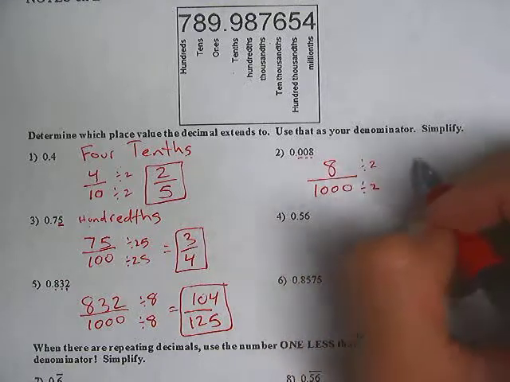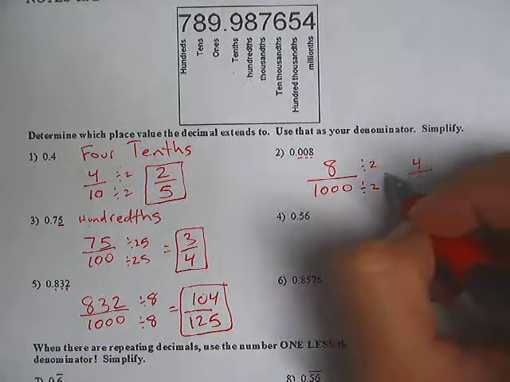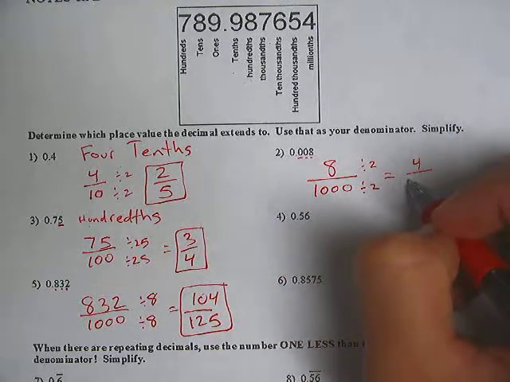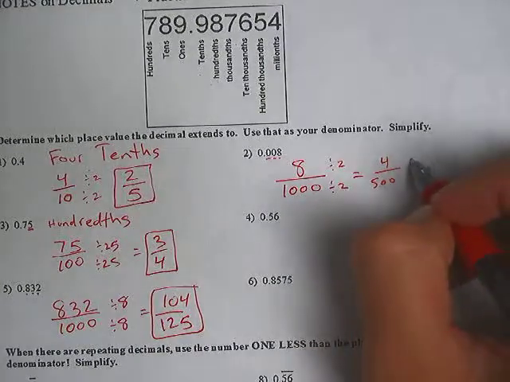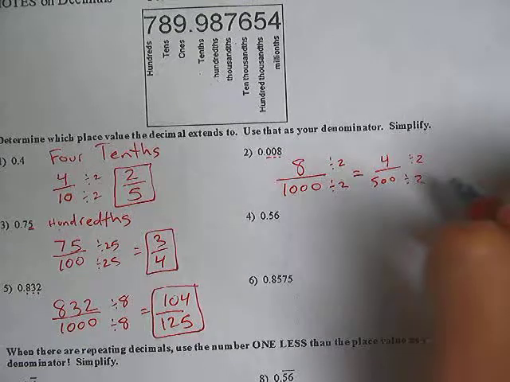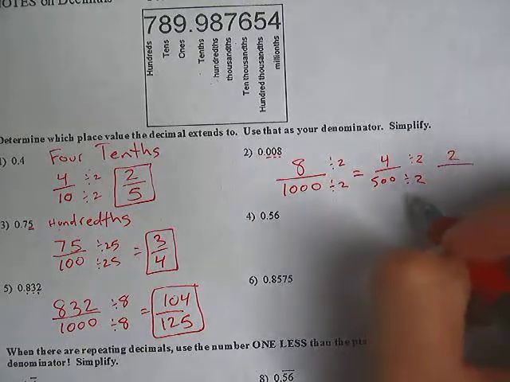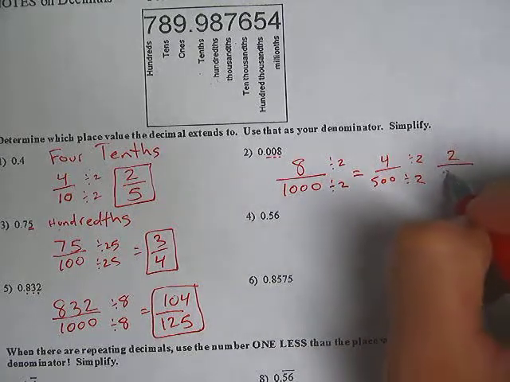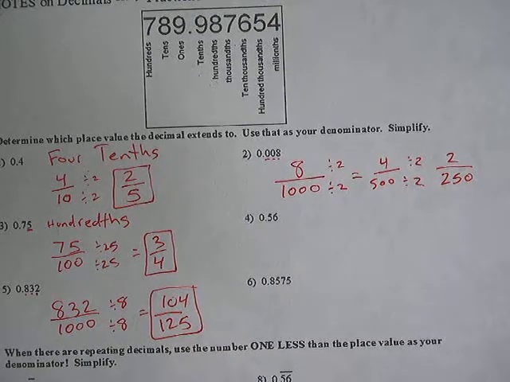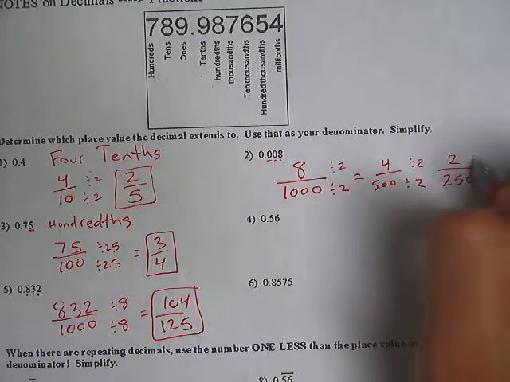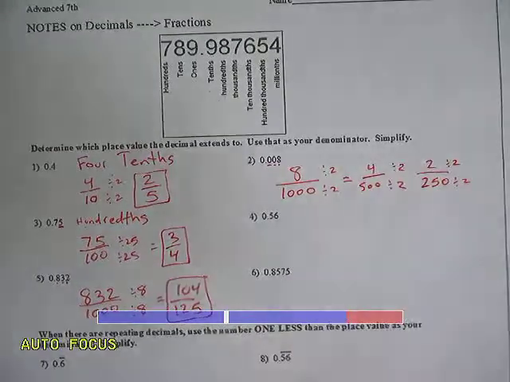So let's just say I had one like this and I didn't know I could divide by 8. So maybe I could divide by 2. 8 divided by 2 is 4, and 1,000 divided by 2 is 500. Looks like I can still divide by 2. So 4 divided by 2 is 2, 500 divided by 2 is 250. I still have two even numbers, so I can keep going here.